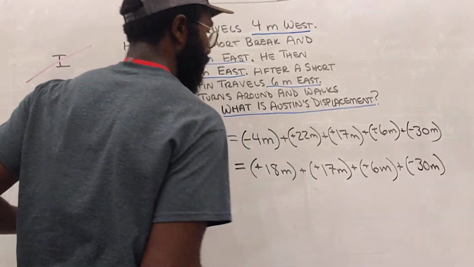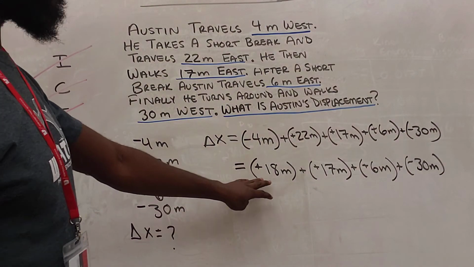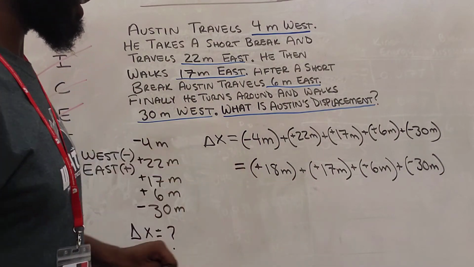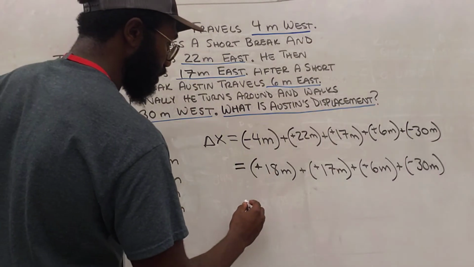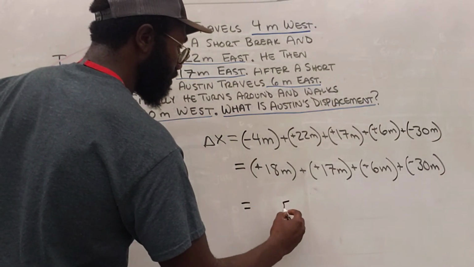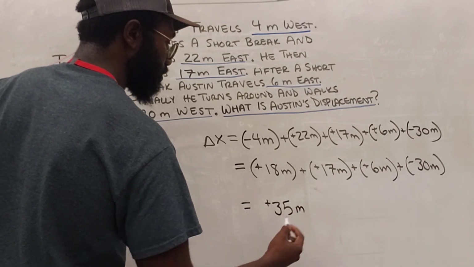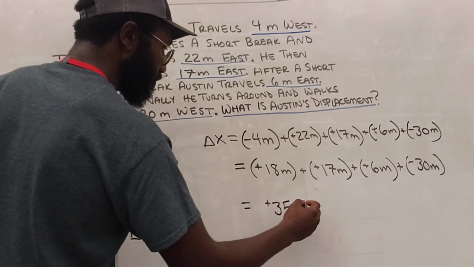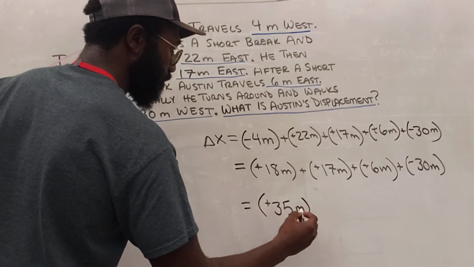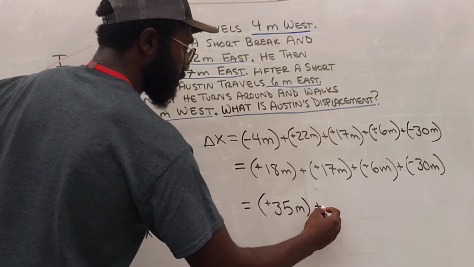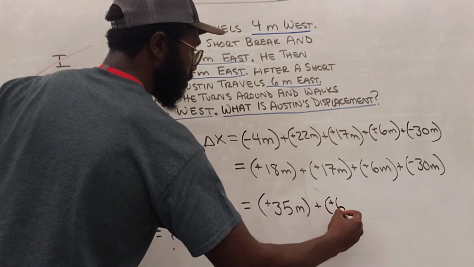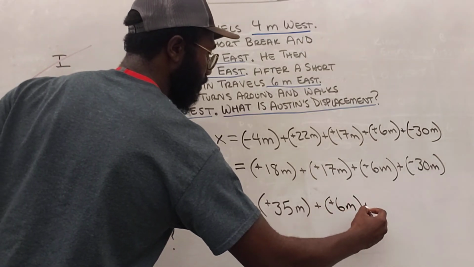Now, positive 18 meters plus a positive 17 meters, all right? That's going to be a positive 35 meters. All right, so we just combine those. Again, we're gonna keep bringing everything else down.